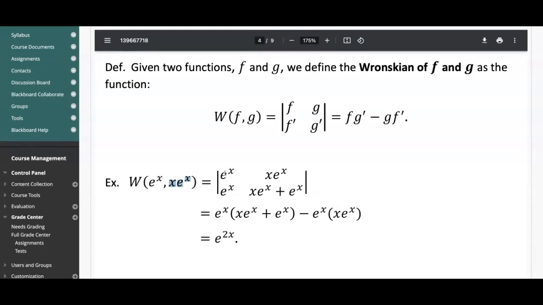So we put the four members here: f, g, f prime, g prime. Now we calculate the determinant. So e to the x times this minus e to the x times this. Well, this term and this term cancelled. Just left with e to the x times e to the x, which is e to the 2x.